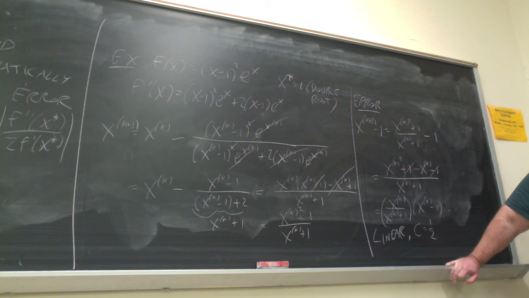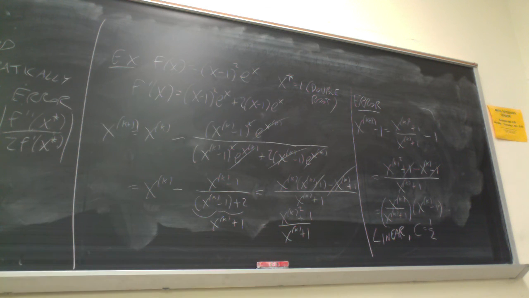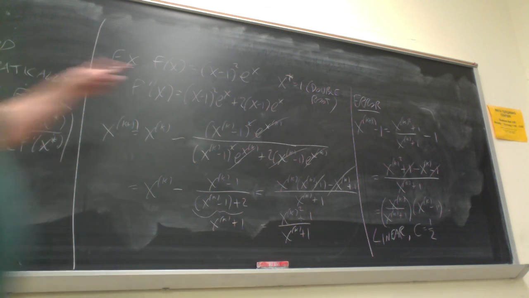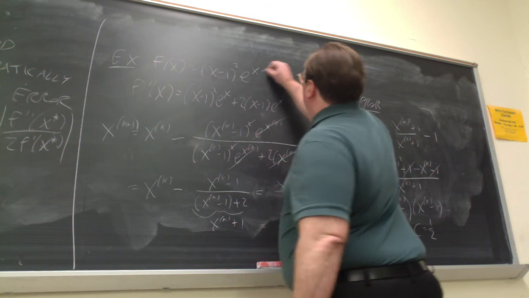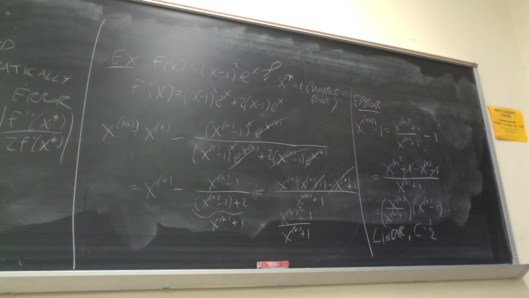What do you need for bisection to work? Bisection is guaranteed to work if you have what? A point positive and negative, yeah. And here we don't. This function is always positive. e to the x is always positive, and this is squared. So bisection cannot be used for this function.